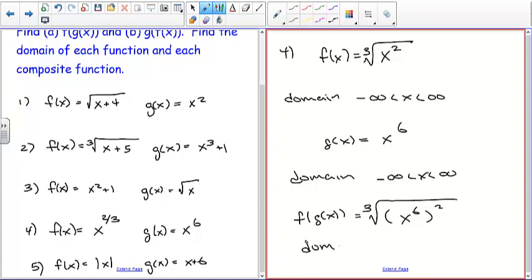So the domain is going to be, well, let's think about putting positive and negative numbers in there. Positive numbers to an even power are still going to be positive, and then to another even power are going to be positive, and the cube root of a positive number is positive. So that works out. A negative number to the 6th power is going to be positive. Any number raised to an even power is going to be positive. So it seems like we can pretty much use any real number.